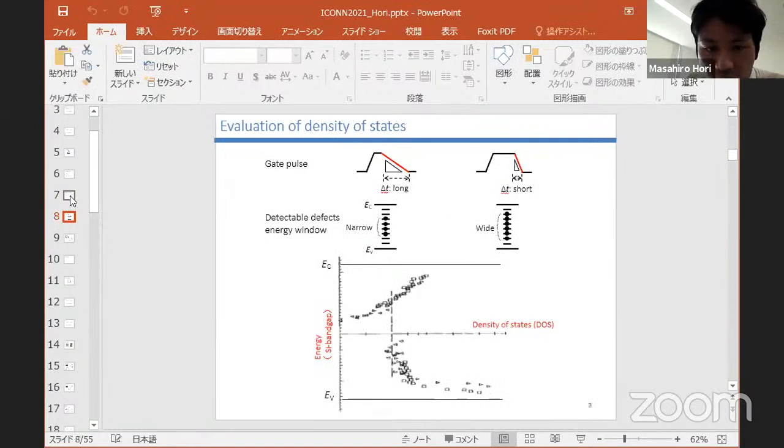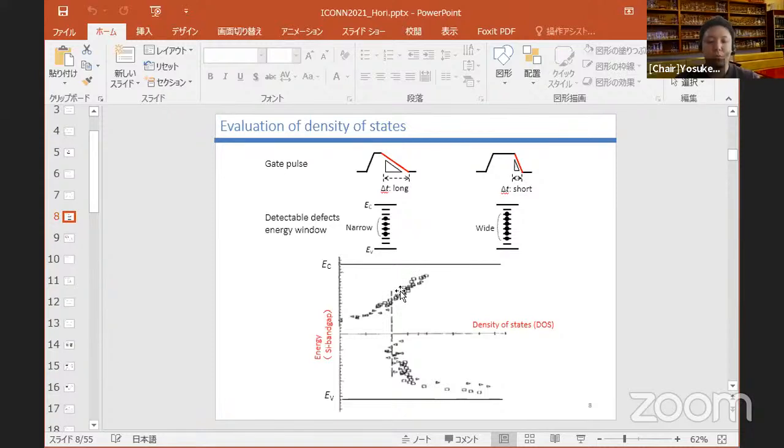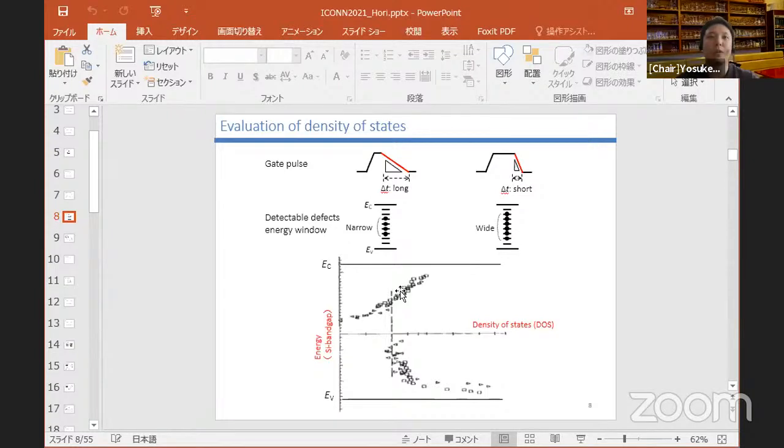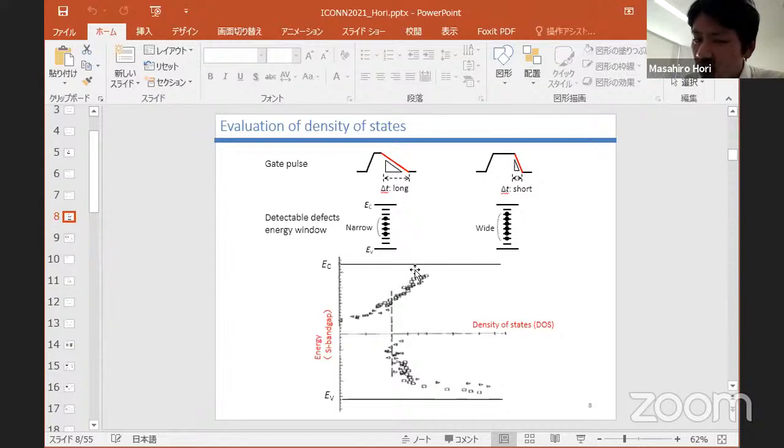I'll skip the detailed explanation, but by changing the gate pulse slope, we can change the energy level. Okay. Now we detect the shallow energy range.